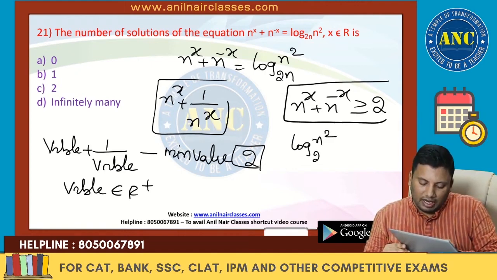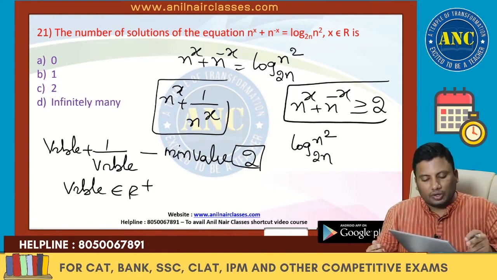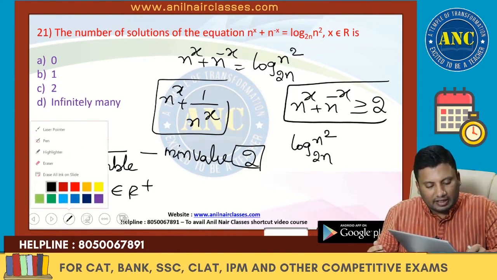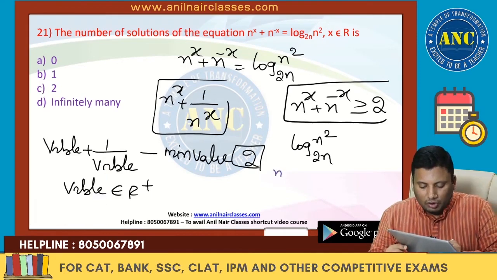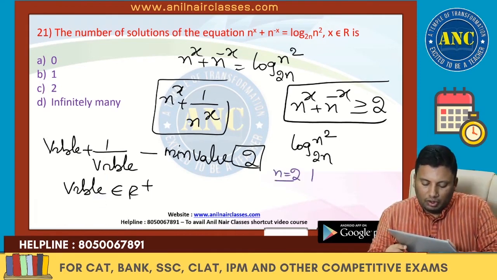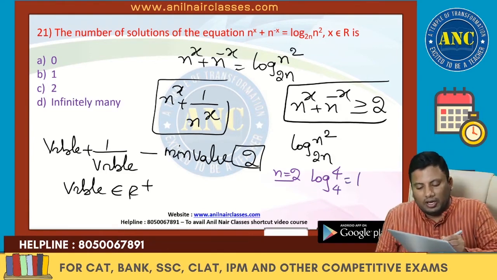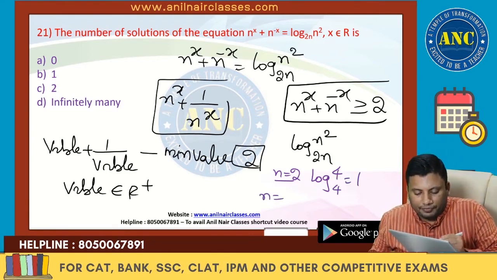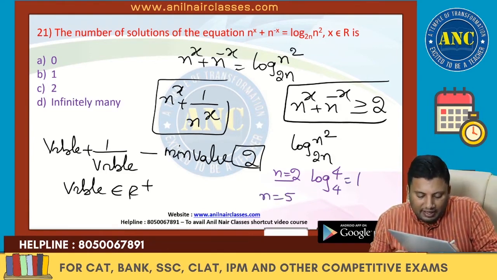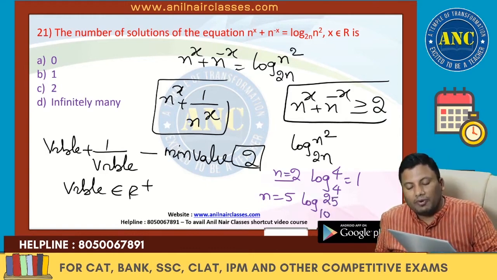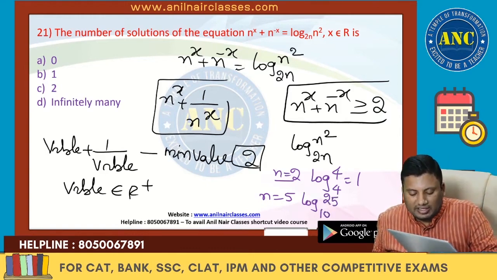n^2 and 2n. Suppose I take n value 2, this will become 4 and it is 4^1, which is nothing but 1. Are you with me? If n value is 5, 5 squared is 25, 2n is 10, 10^1 is 10, 10 squared is 100.